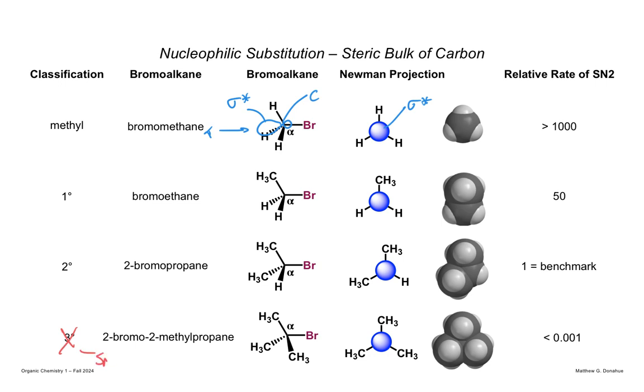They just go through a different mechanism, SN1. It stands for substitution nucleophilic, and now the 1 means unimolecular. Again, that deals with the concentration of reagents. That mechanism is very different from the SN2.